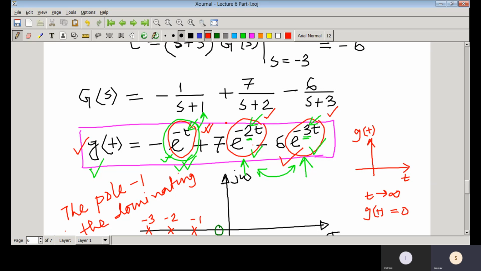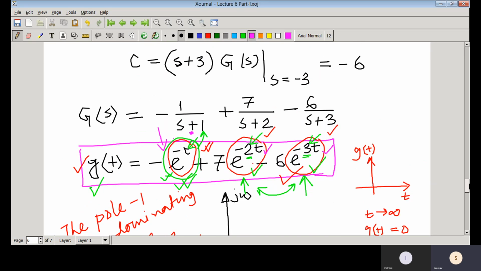In other words, in the transient response the effect of the first term is more prominent, and the first term is associated with the pole at minus 1.